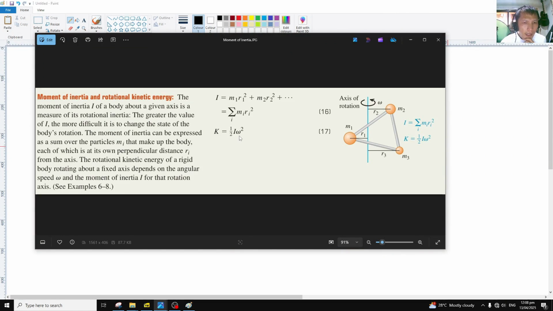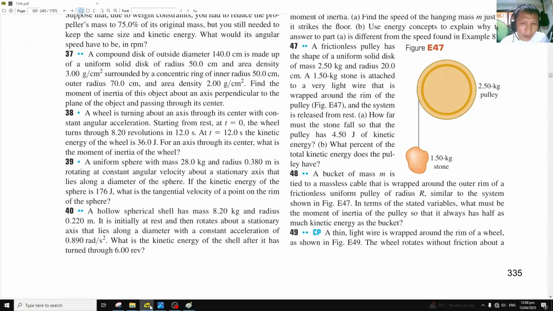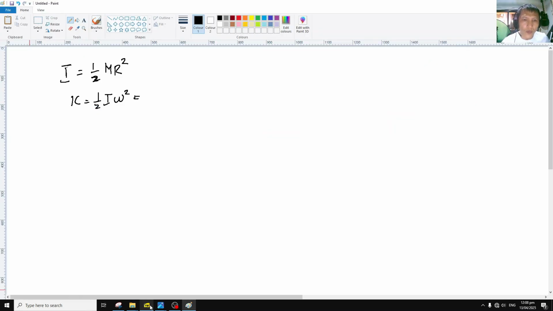Kinetic energy is 1/2 I omega squared. Do we need this one? Kailangan yata. Kinetic, which is given, is 1/2 I omega squared. So, we can compute omega kung i-plug in natin yung kinetic energy, 4.50 joules.